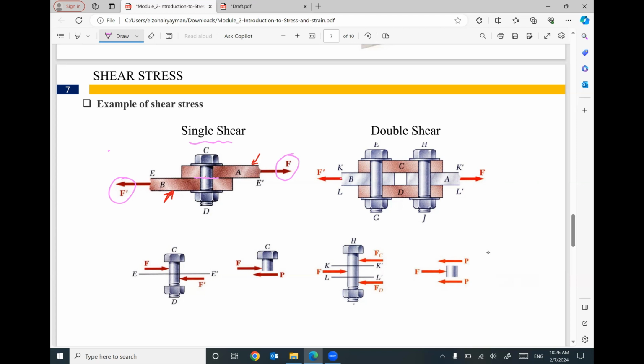If you look here, this plate is pulling in this direction. This one is pulling in the other direction. So I expect shearing on this bolt at this plane and this plane. In this case, it's double shearing because we expect two planes of shearing. So this is an example of shear stress due to the shear force.